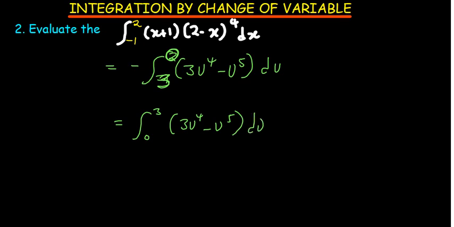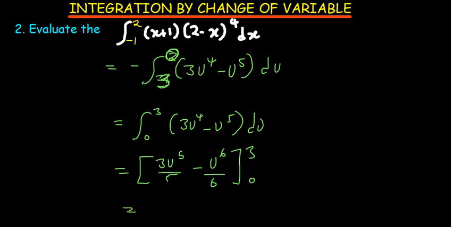So the negative is no longer there because the limits have swapped directions, and this is going to be the integral: 3u to the power 5 over 5, we simply add the 1 to the power, minus u to the power 6 over 6. Upper limit there is the 3, lower limit is 0. So substitute the upper limit, that is going to be 3 to the power 5 over 5 minus 3 to the power 6 over 6.